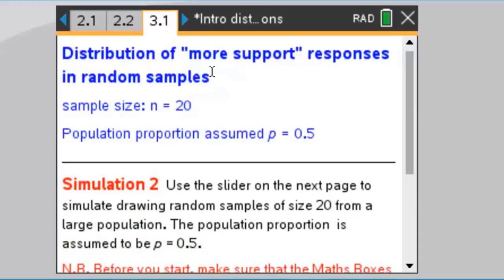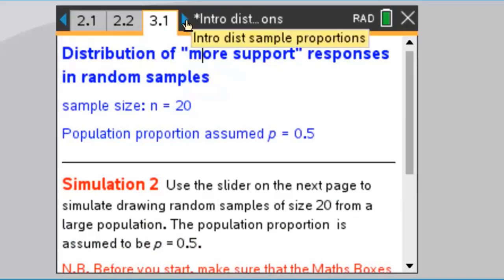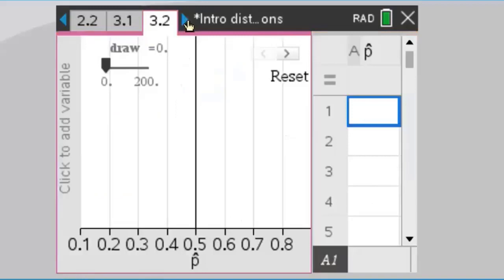So we're going to try and come up with the distribution of more support responses from random samples, and we're going to do it by taking one survey at a time. So I've set up this page, which is run by a program at the end of problem 3, and each time I draw, I'll draw one sample.